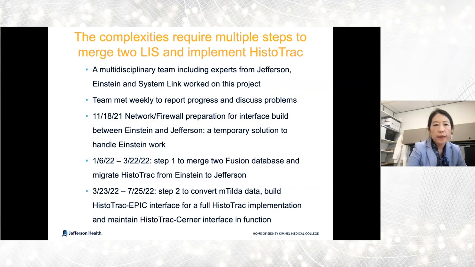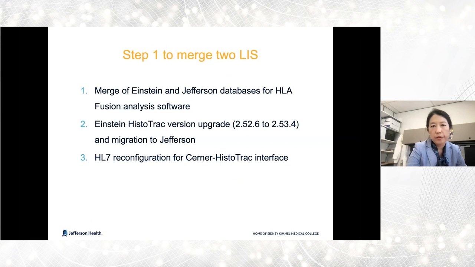To show you more detail, in step 1 there were 3 major components. We have to merge the Einstein and Jefferson databases for the HLA Fusion analysis software. We also upgrade HistoTrac to the most current version and migrate the HistoTrac database to Jefferson.